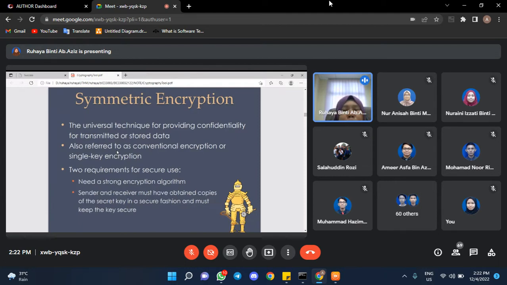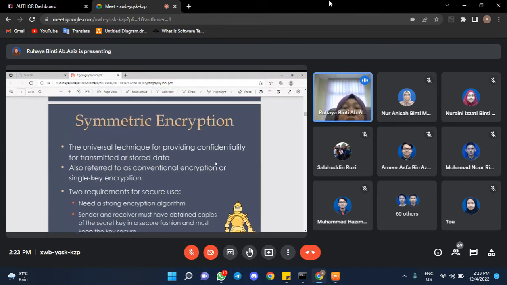Sender and receiver must have obtained copies of the secret key. Dia ada satu secret key where the sender and the receiver share the secret key in a secure way and must keep the key secure. So if you have the secret key, don't share it with others.